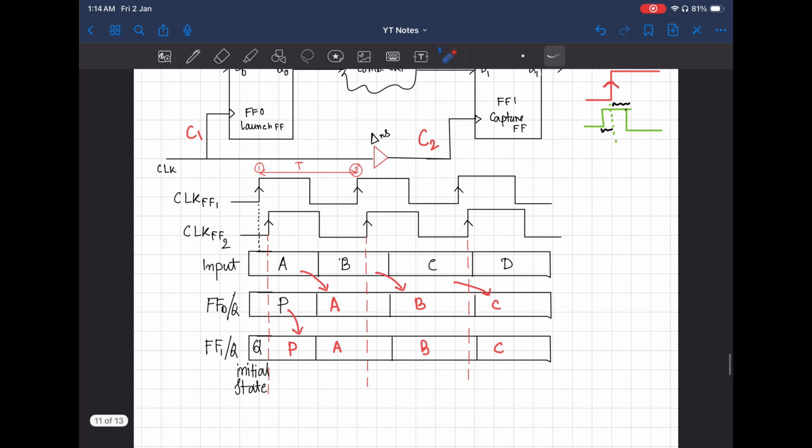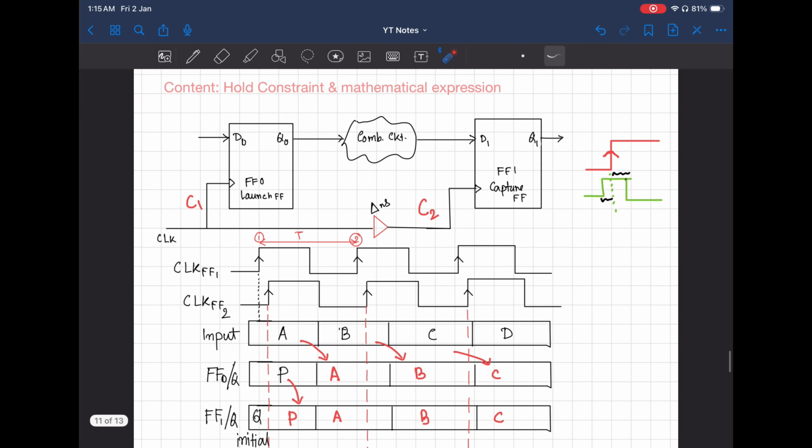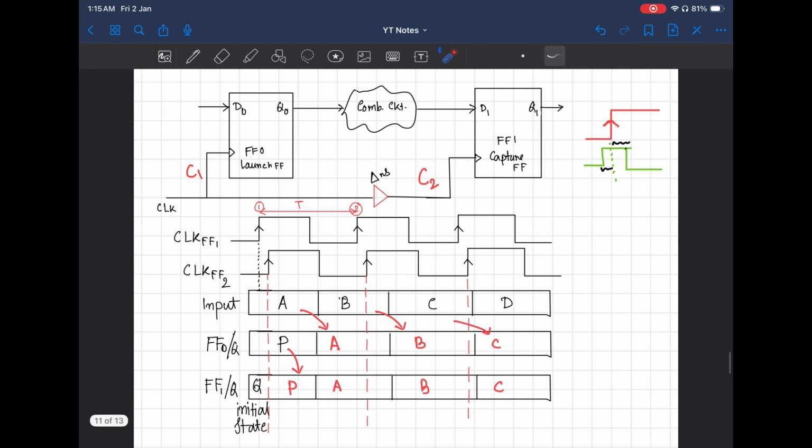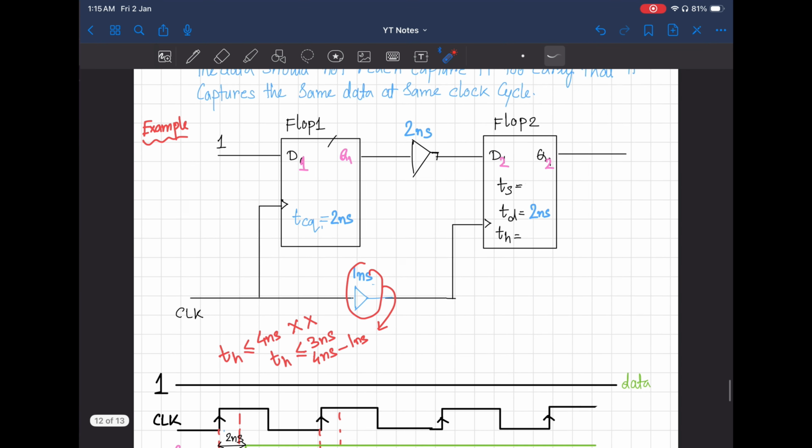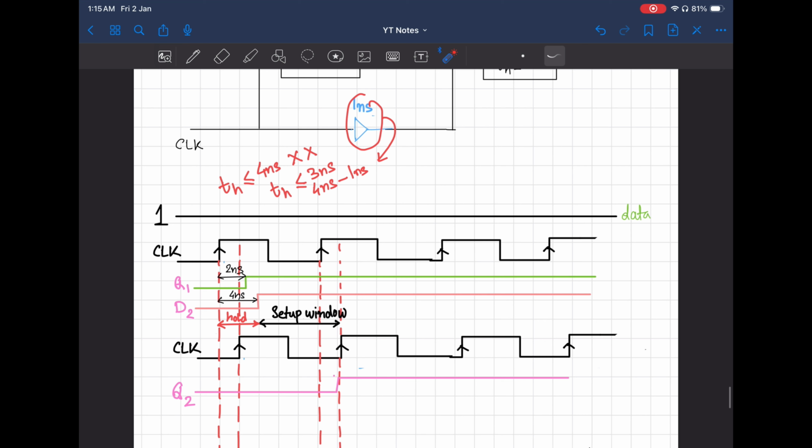I tried to cover two basic definitions of hold time constraint: one is by the clock edge and another is how the double clocking happens. And with one example, I tried to evaluate how the setup window and hold window actually work with a timing waveform.